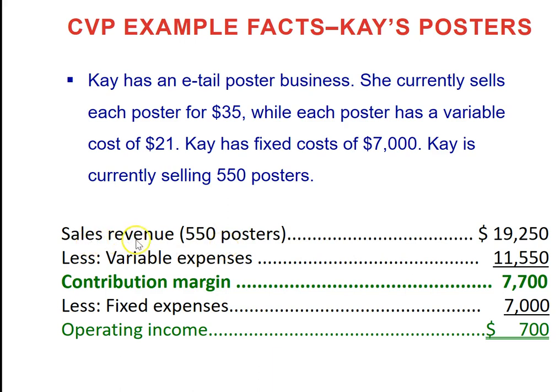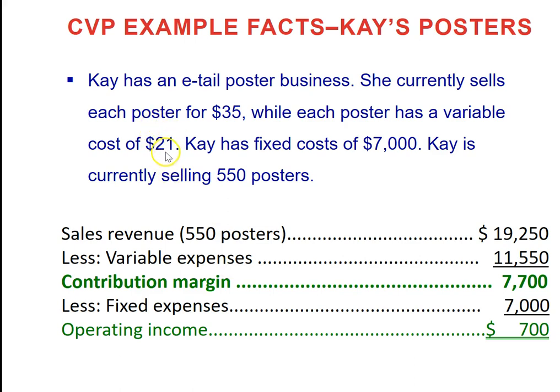So this is the contribution margin income statement. We started with our sales revenue. K is now selling 550 posters. Each poster's sales price is $35. If you multiply these two, you will get total sales revenue. Then we subtract variable expenses. Per unit, or per poster, the variable expense is $21.